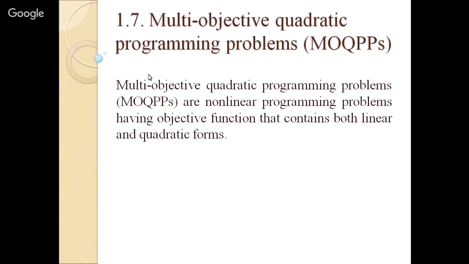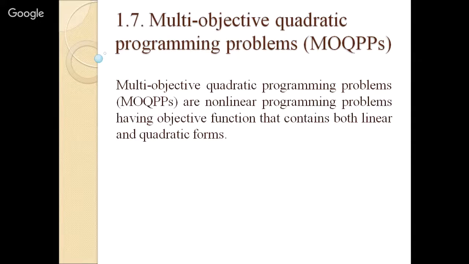Then the multi-objective quadratic programming problem. Again, multi-objective quadratic programming problems are also non-linear programming problems, because the objective functions are in quadratic format, a quadratic function. Multi-objective quadratic programming problems are non-linear, having objective functions that contain both linear and quadratic forms. It means your objective functions are in quadratic form.